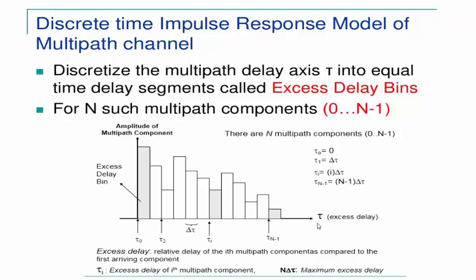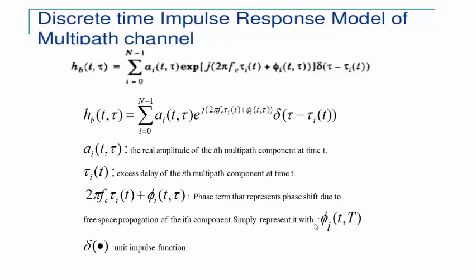So amplitude variations at different time values are considered here. So excess delay is nothing but the difference between the arrival time of the radio wave due to the reflection, diffraction and scattering effect.